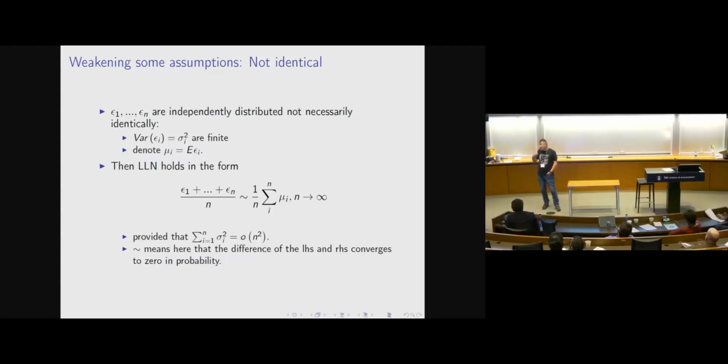What you'll have is this average, epsilon 1 to epsilon n divided by n, converging to 1 over n times the sum of the means, if you have a properly declining sum of the variances. In particular, the sum of the variances should be little o of n squared. Okay, so we can push the law of large numbers with non-identical variables.